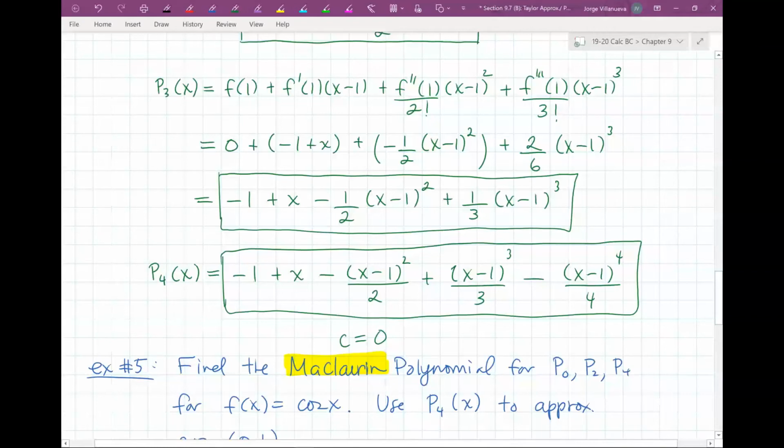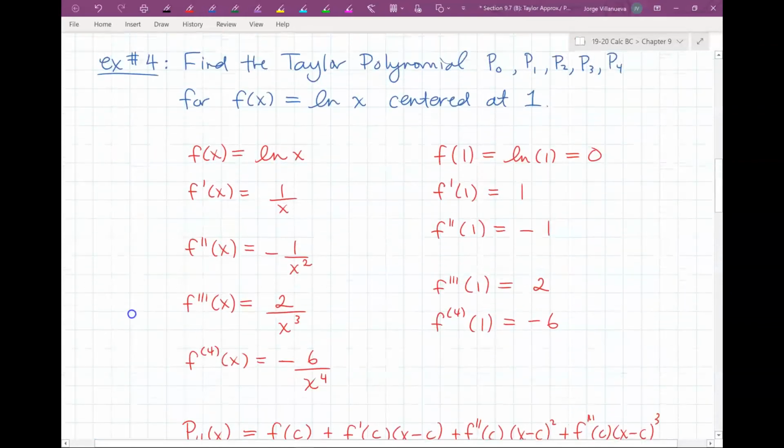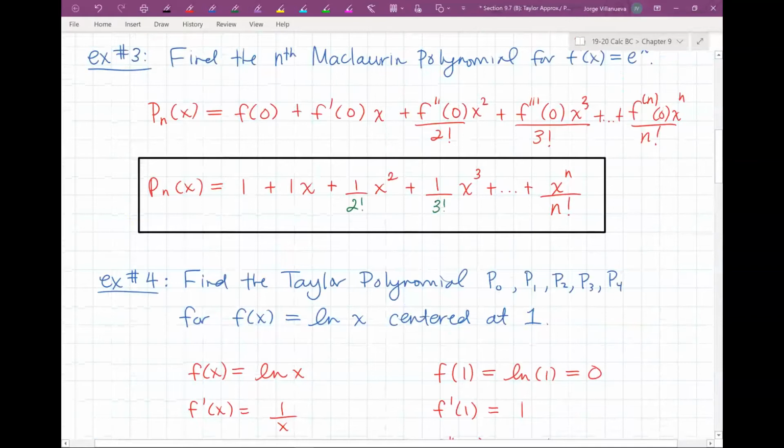The powers match the denominator exactly. For e to the x, the power matches the denominator, but it is in factorial form. For ln of x, it's not. And then for sine and cosine, they will be back into factorial.